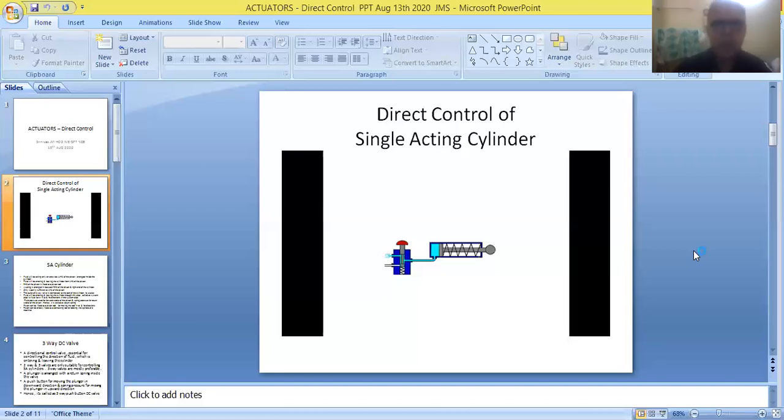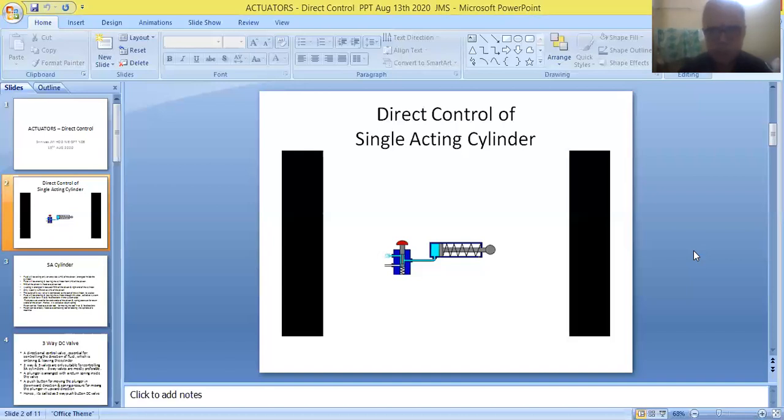Now, as shown in the figure, a piston is arranged inside the cylinder, and that is fitted to a piston rod. And finally, this piston rod is connected to the tool of the machine. So therefore, during the operation of the system, the piston will be continuously moving in forward and backward directions.